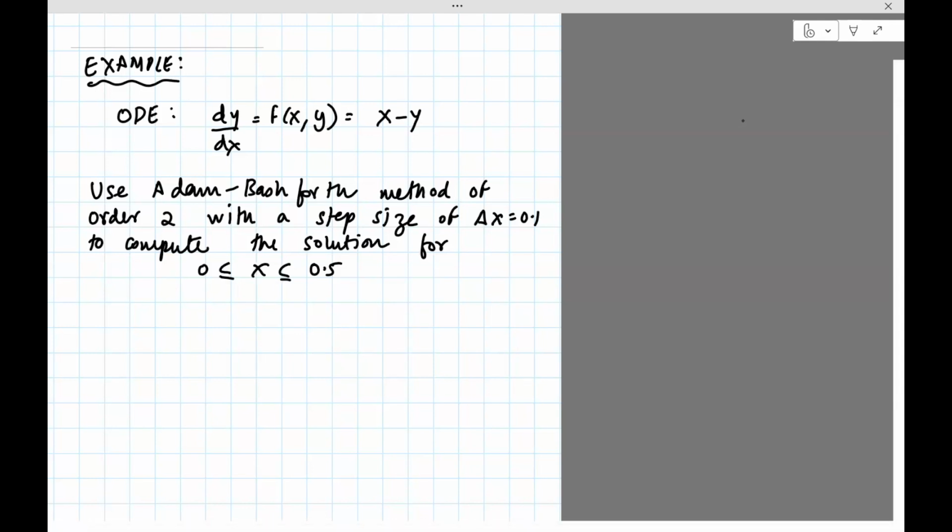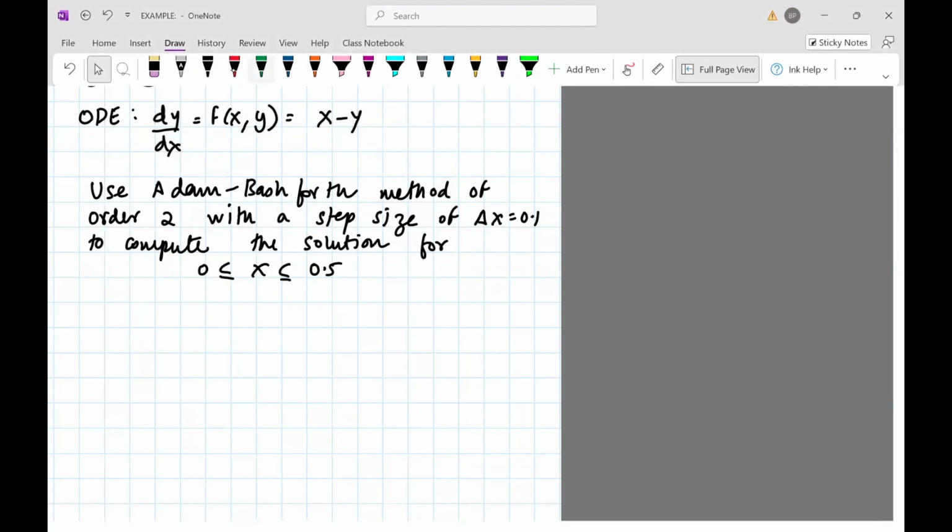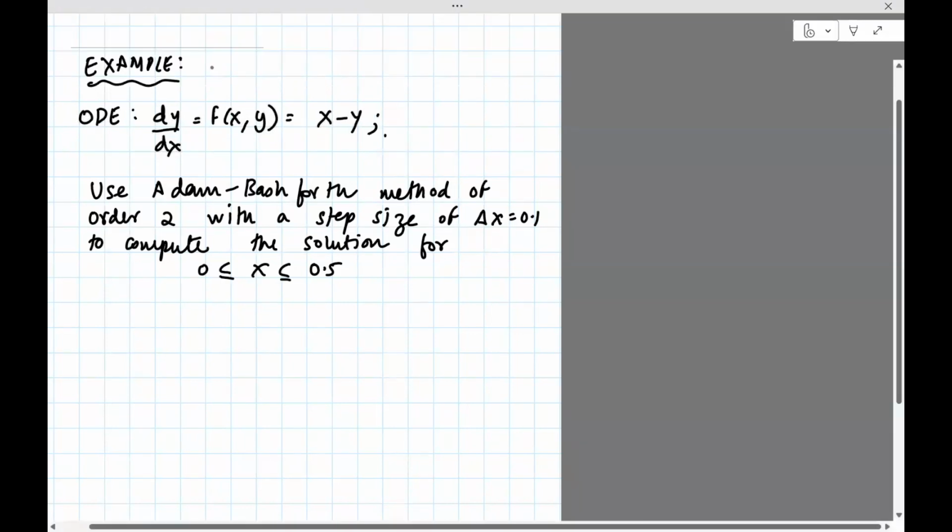So let me just specify it right here. It's the ODE. And the initial condition which is required. So it's a first order ODE. So I need to give you one initial condition. It is y of x equals 0 is 1.